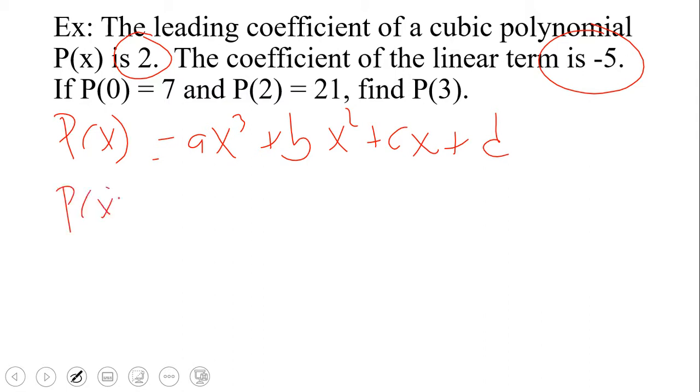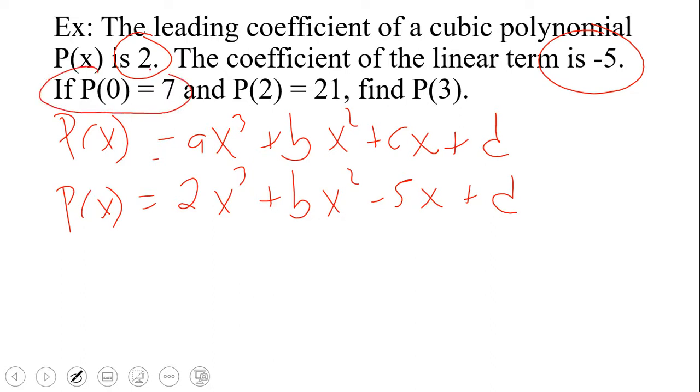More specifically, they tell me that this is 2x cubed minus 5x plus d. So that's what I know so far. Now I need to use the other pieces of information. The fact that p of 0 is equal to 7 means if I put a 0 in for all the x's, I'm going to get a 7, which means that it's the y-intercept, which is the value of d.